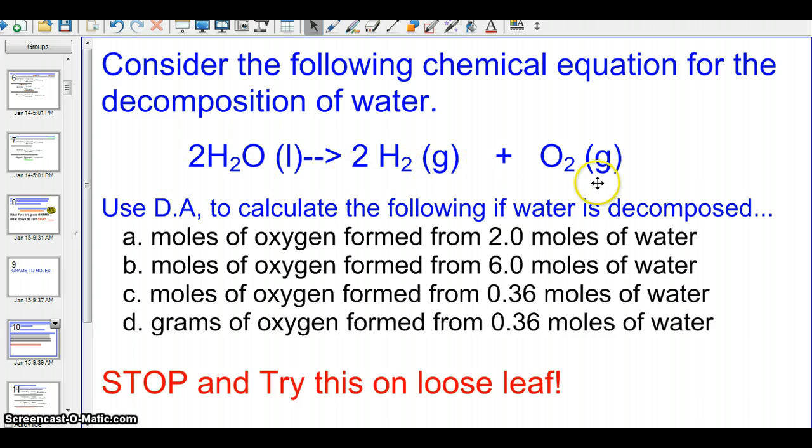You have to decide which coefficient to use based on what you're given, moles of water, and what you want to calculate, in this case, moles of oxygen. So you're going to be comparing in A, moles of water to moles of oxygen. See if you can set it up using dimensional analysis for the first one, and then proceed on to both B and C. Then, and only then after you've tried this, should you go on with the podcast.